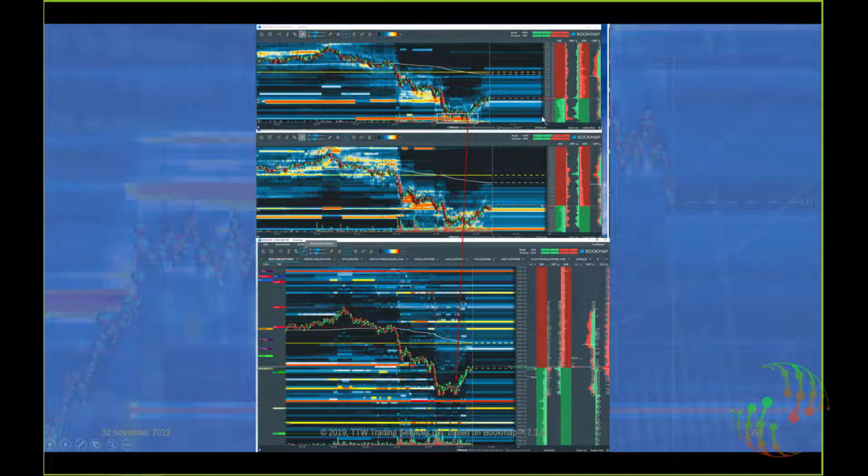And the second and last one I would like to discuss with the sweeps is when you see the same behavior in NQ, in YM, and in ES.